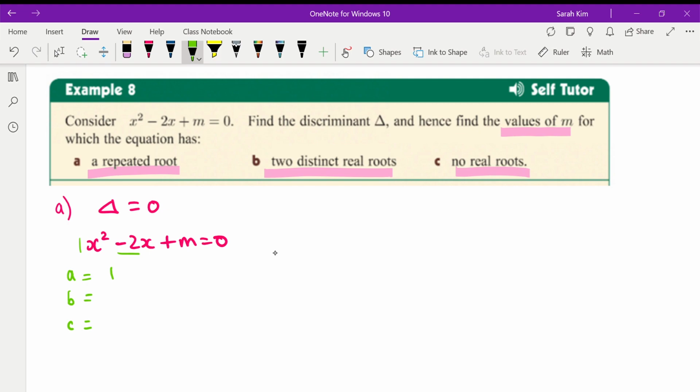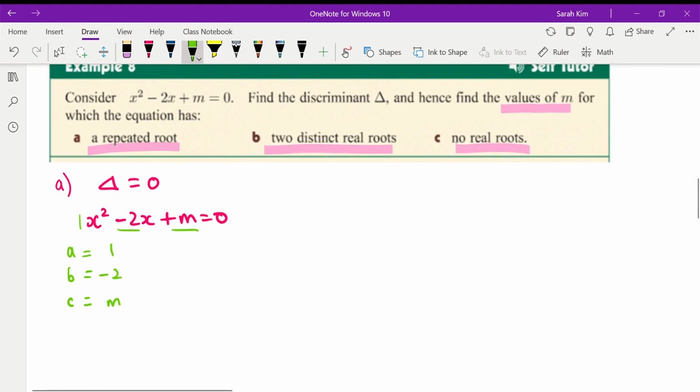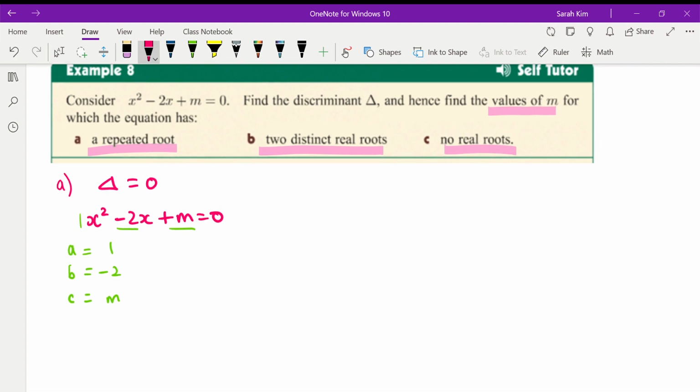B is minus 2. C is m. Now don't freak out, just keep doing what you want to do, and then we'll see how it ends up. So my discriminant formula is b squared take 4ac. So all I need to do is substitute like you normally would, and then we'll see where it takes us.